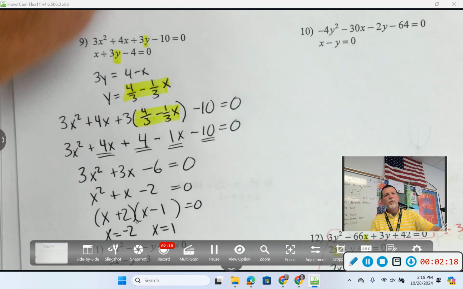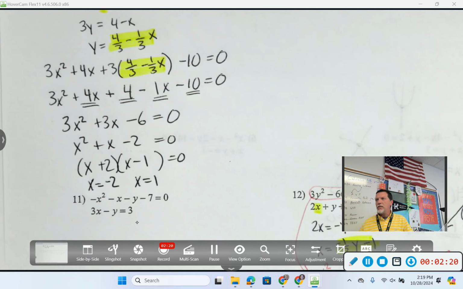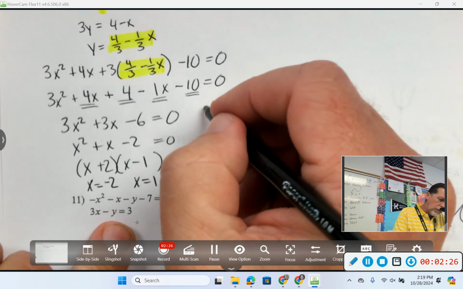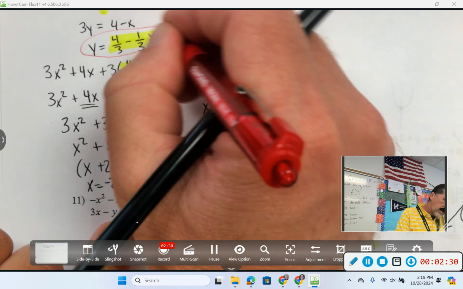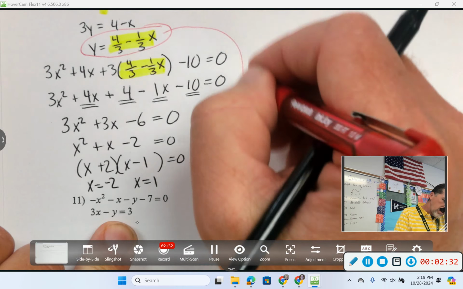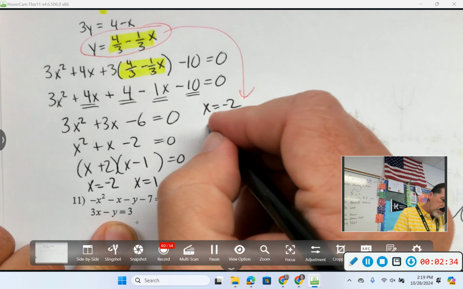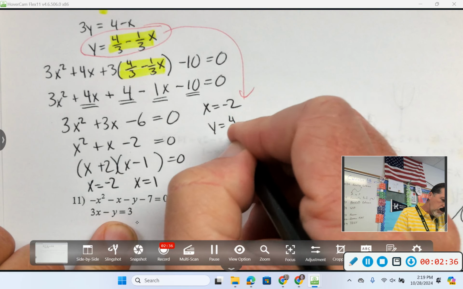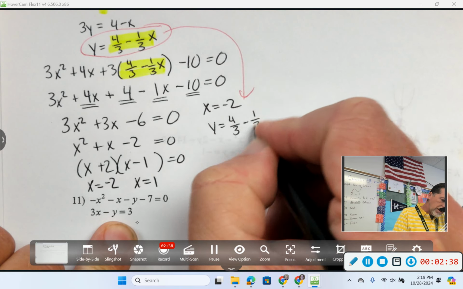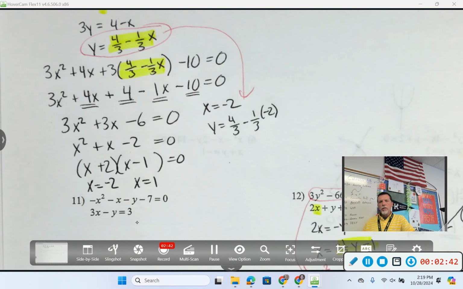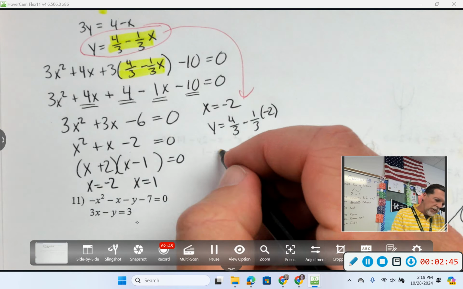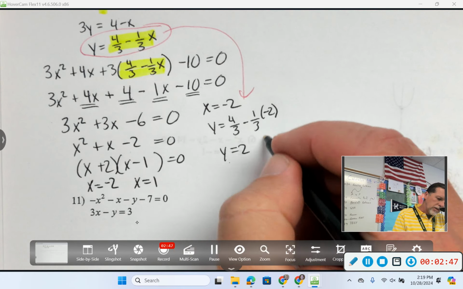Which means I need to plug both of those back in and make sure you keep the partners together. Don't just have x equals 2 things and y equals 2 things. You have to keep up with who goes with who here. So y equals 4/3 minus 1/3 times negative 2. 4/3 plus 2/3 is 6/3, also known as 2.